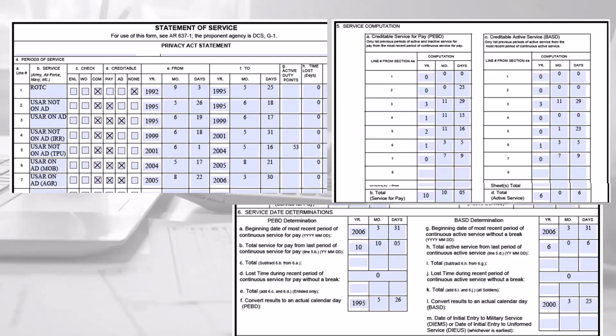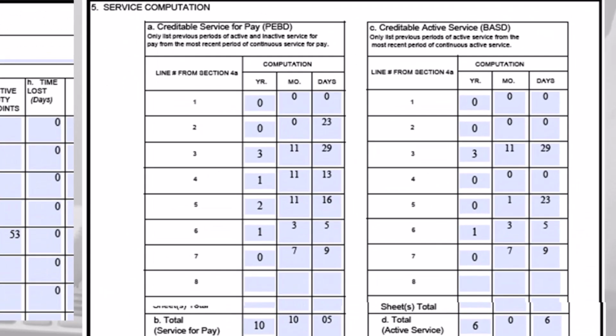So back to the 1506. For each period of service, there's a computation of the length of that service in years, months, and days. What is different on the new form is that these computations are put into 2 columns on the second page.